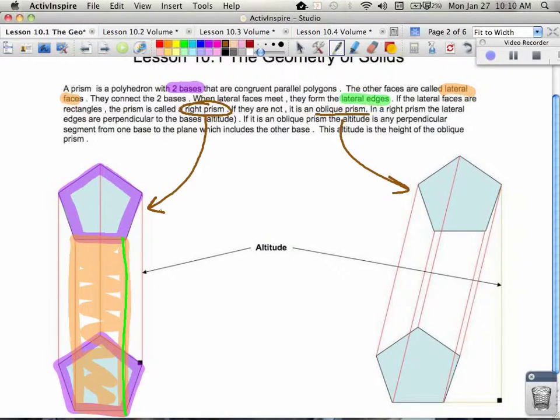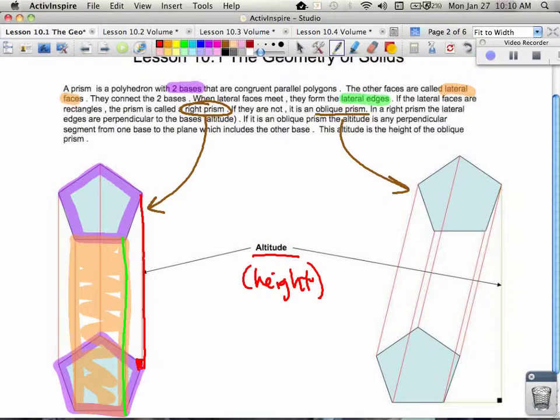Don't forget that we had a special word a while back called altitude. Oftentimes we have used the word height. And don't forget that that means that you have right angles. In a right prism, we see that our altitude forms a right angle, and it's actually one of the edges of our lateral faces.